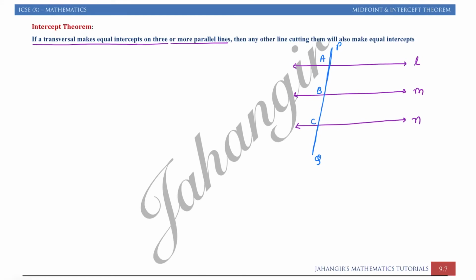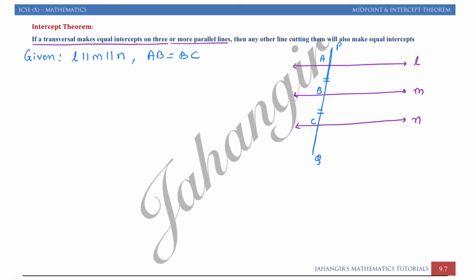If the transversal makes equal intercepts on three or more parallel lines, that means in the given we have AB is equal to BC. Here the given part will be all three lines are parallel, L parallel to M parallel to N, and we can say AB is equal to BC.